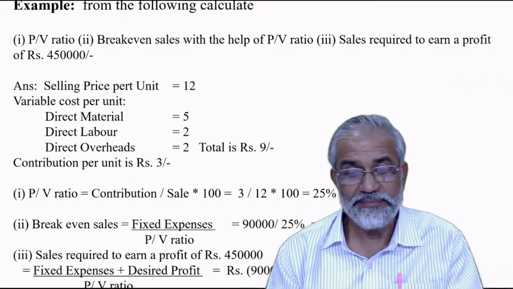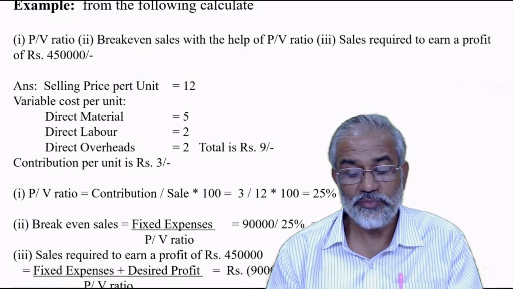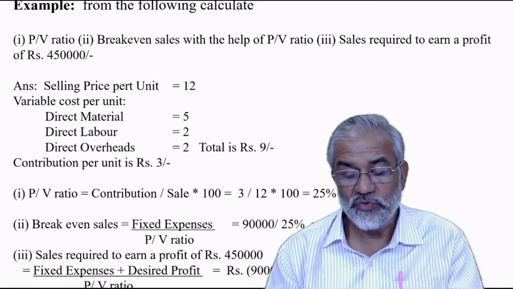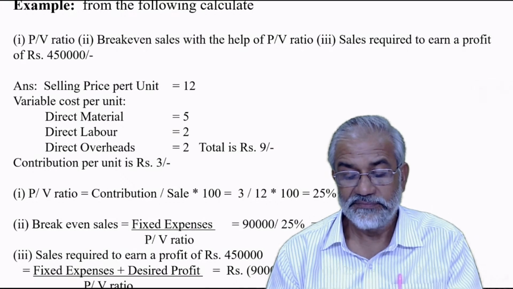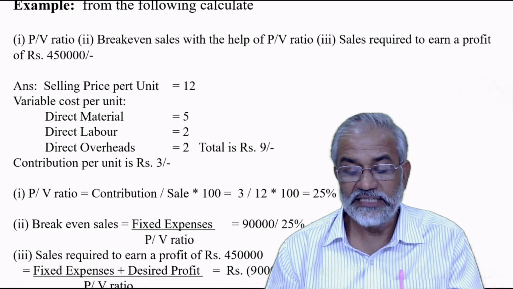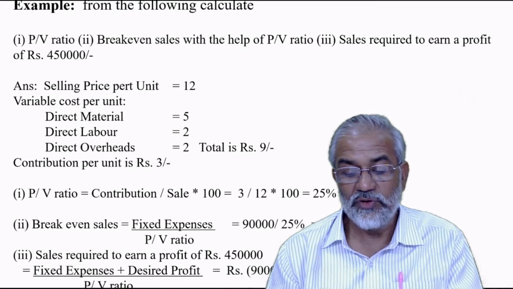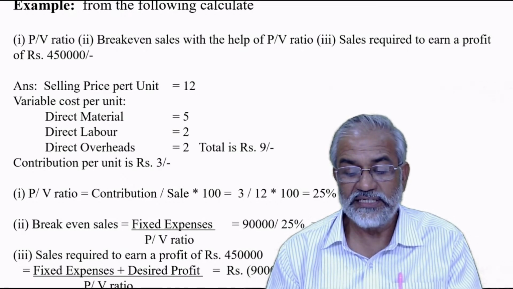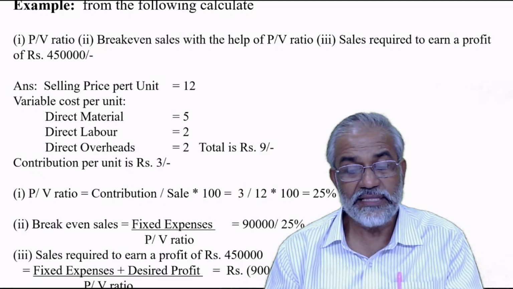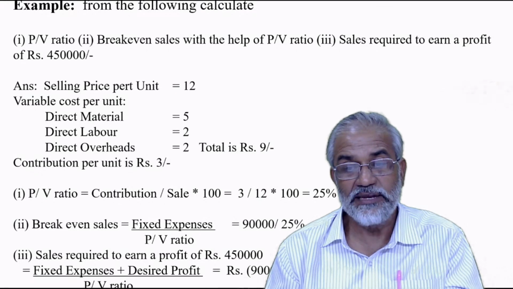It can be cross-checked. The calculation can also be cross-checked by us. So 1,80,000 would be the units. Sorry, 1,80,000 would be the units. And for 1,80,000 units, the variable cost is 9 per unit.